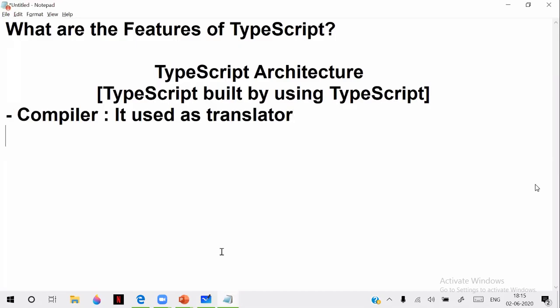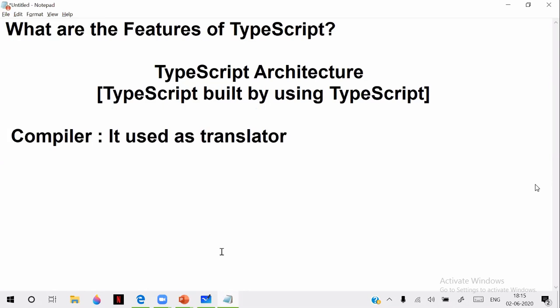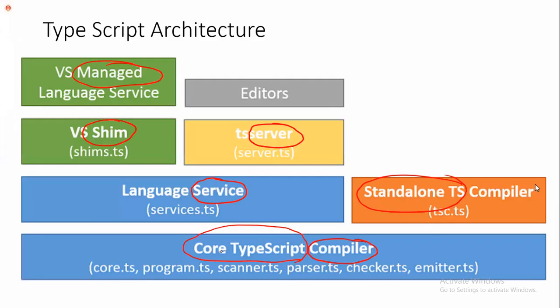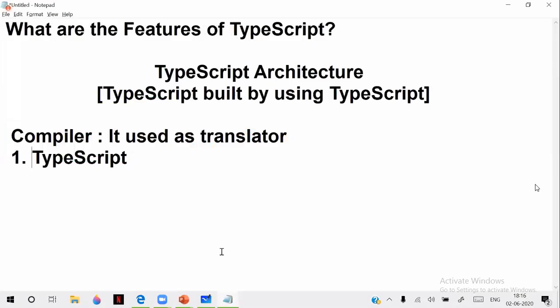Now here in TypeScript, technically the compiler is used as a translator. Here we have two compilers in TypeScript. So we have a TypeScript core compiler. You can see the TypeScript core compiler.